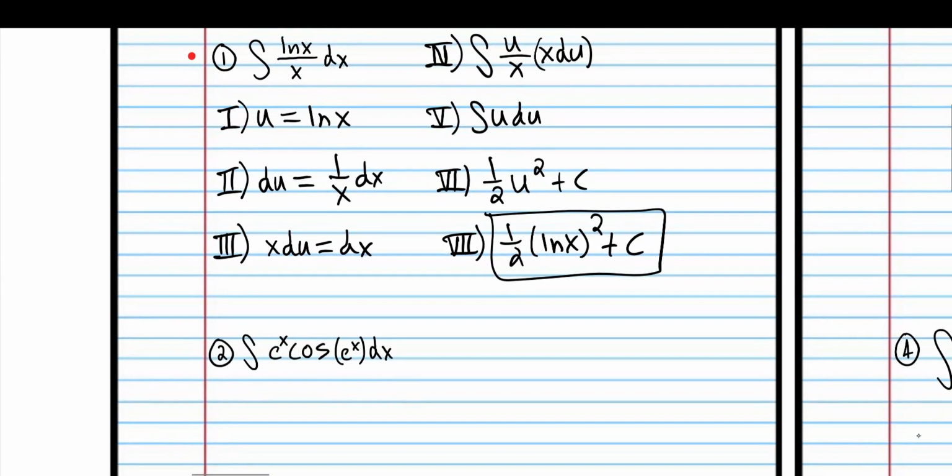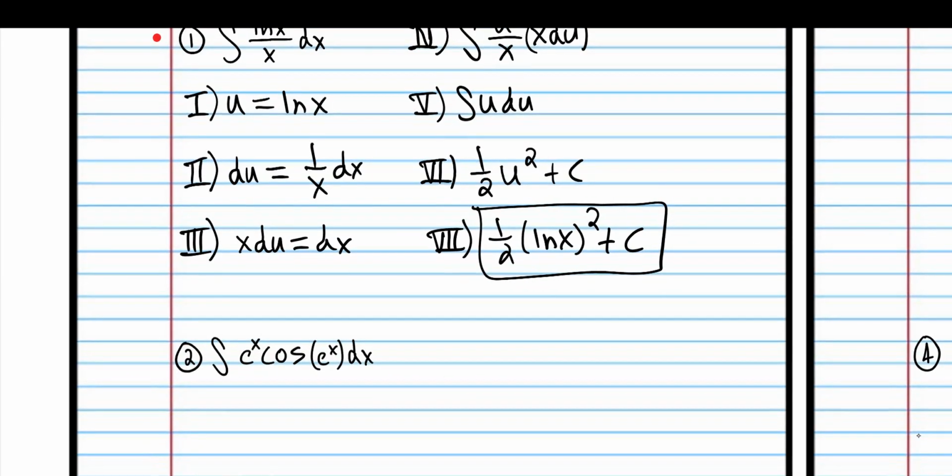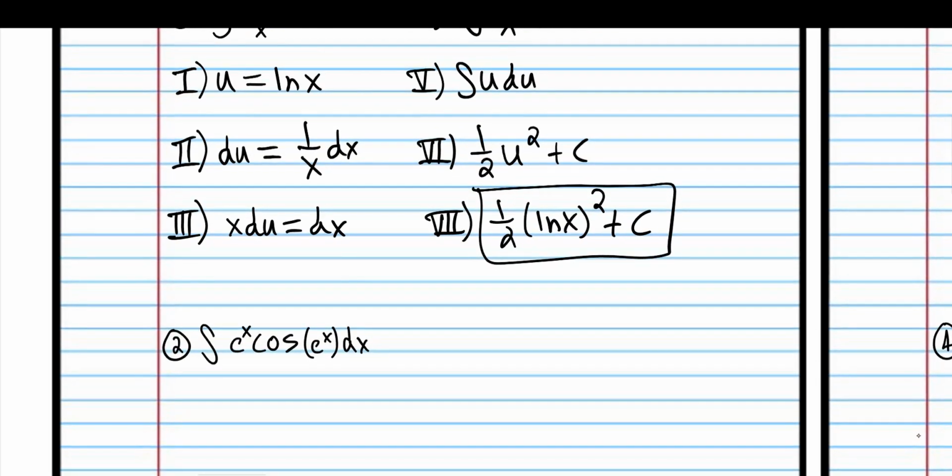So if we find the derivative of this, we have to use the chain rule. Remember, we're using the chain rule in reverse to go from here to here, but we have to use the chain rule going forward to check our answer. So we have a function within another function. So we have to use the chain rule.